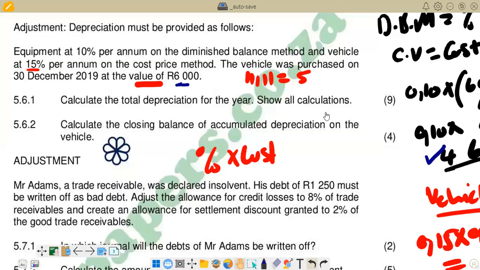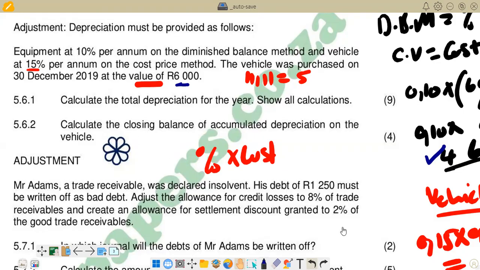So the next question is now asking us to calculate the closing balance of accumulated depreciation on the vehicle. So accumulated depreciation basically means depreciation of the non-current asset from the day it was purchased up to date. So we are going to say the depreciation that you are given in the trial balance for vehicles, plus the depreciation that we got for this year.